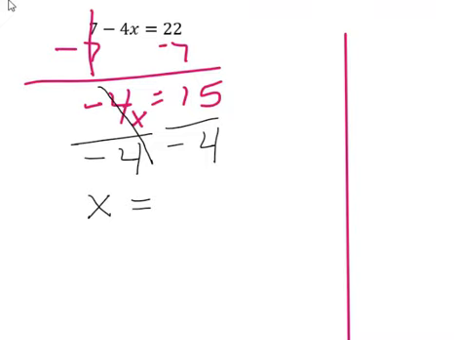So I can leave my answer like this, or I can change it to a mixed number. If I change it to a mixed number, all I have to do is simply divide. So I'd have my negative 4 as my divisor and my 15 as my dividend. 4 goes into 15 3 times, and that would be 12.